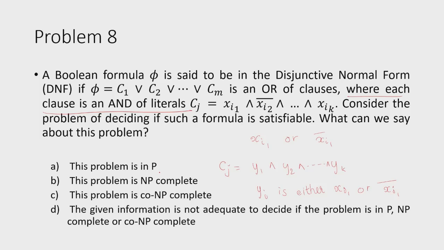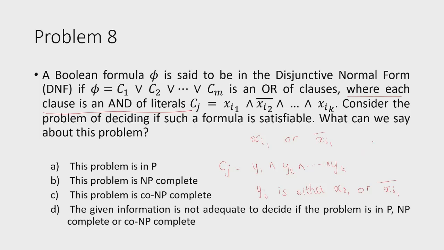No, it's not necessary. What is a literal? Every clause is an AND of literals, right? So every clause is y1 and y2 and up to yk, where y1 is a literal, y2 is a literal, yk is a literal. Now what is a literal? A literal could be a variable or its complement.